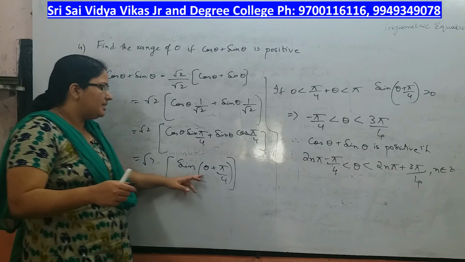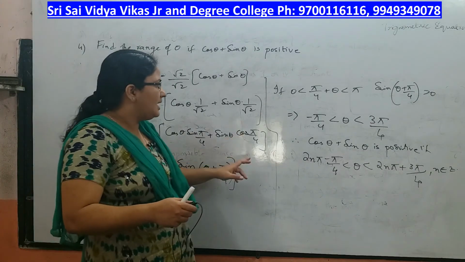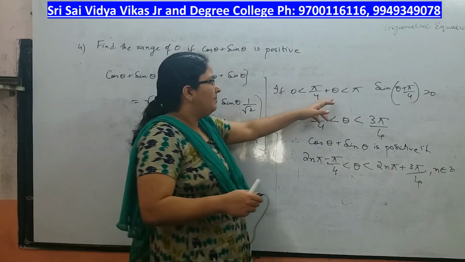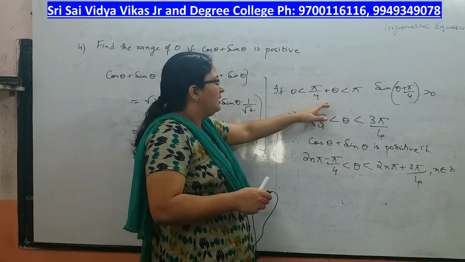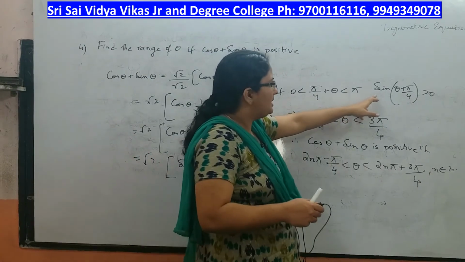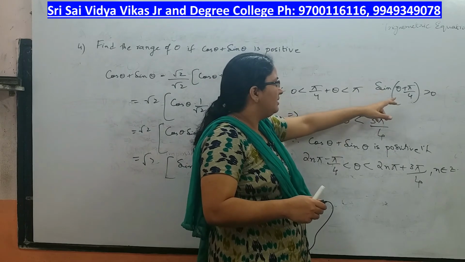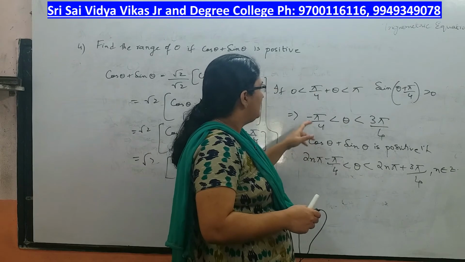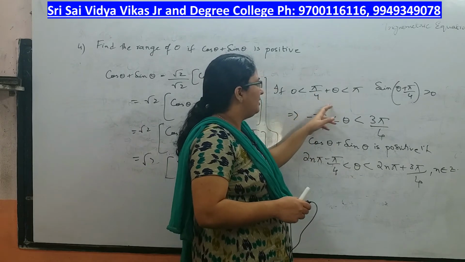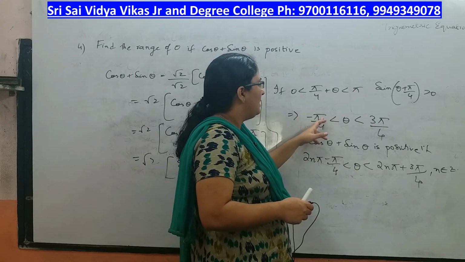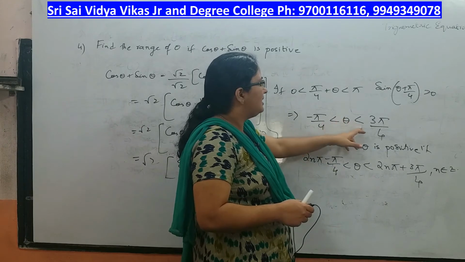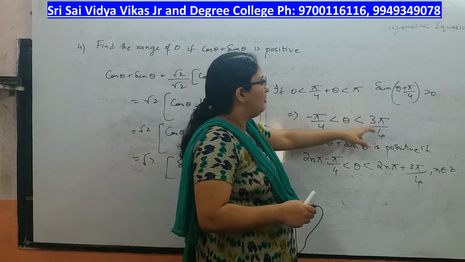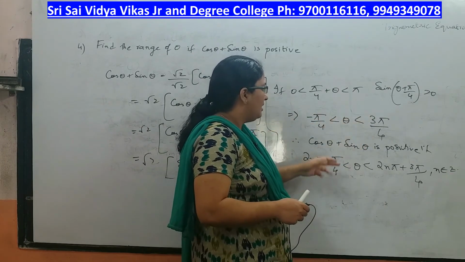Sin of theta plus pi by 4 lies in the interval 0 to pi, so it is greater than 0. Now subtract pi by 4 on every side: minus pi by 4 less than theta less than pi minus pi by 4, which will be 3 pi by 4.